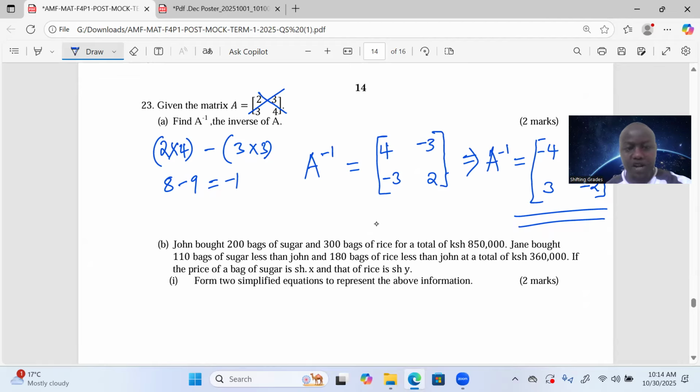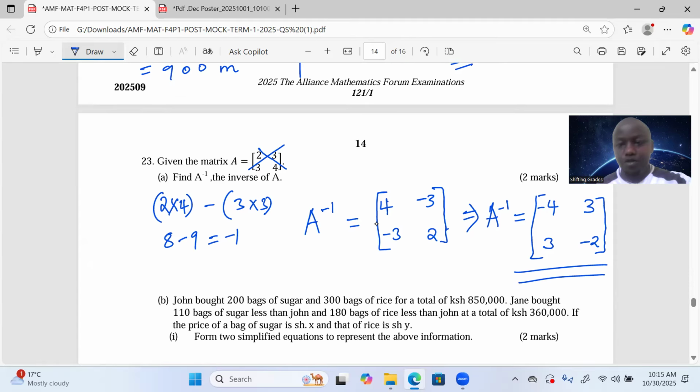Jen bought 110 bags of sugar less than John and 180 bags of rice less than John at a total of 360 Kenya shillings. If the price of one bag of sugar is X and that of rice is Y, form two simplified equations to represent the information above.